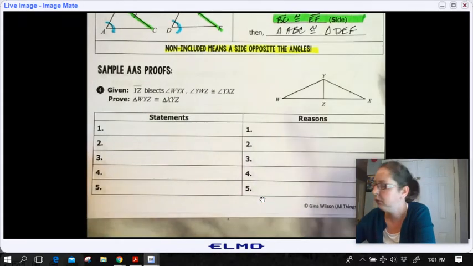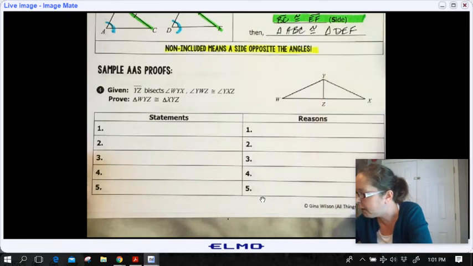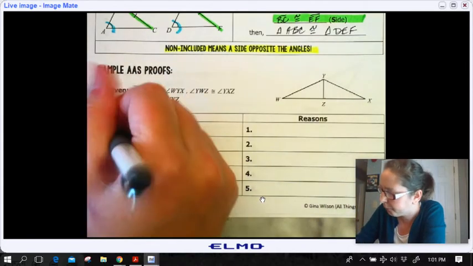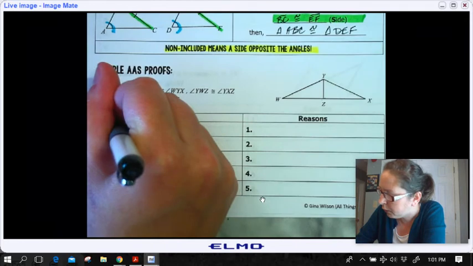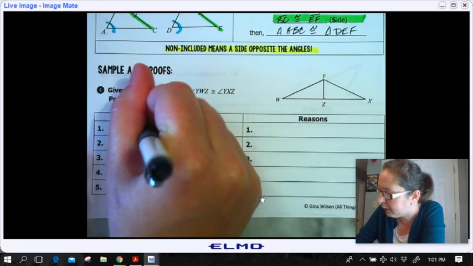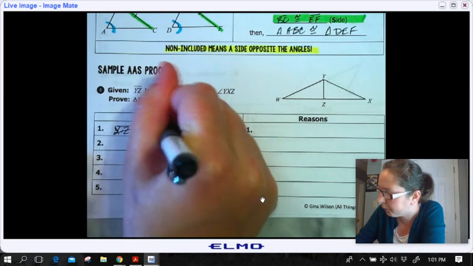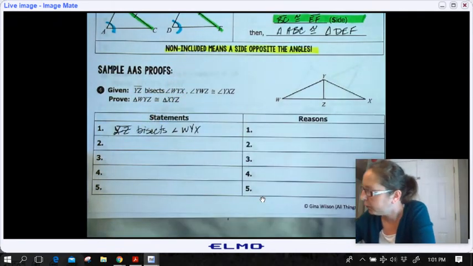YZ, this line right here, bisects angle WYX. So YZ bisects angle WYX.